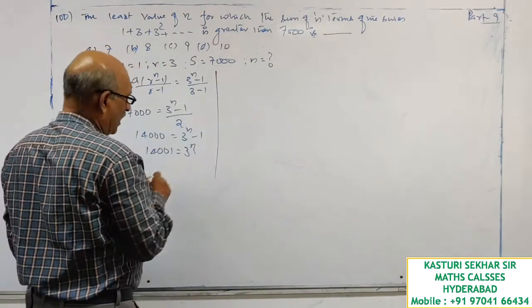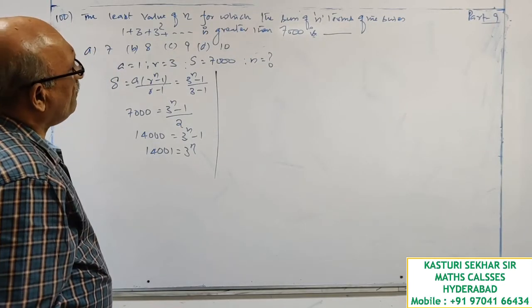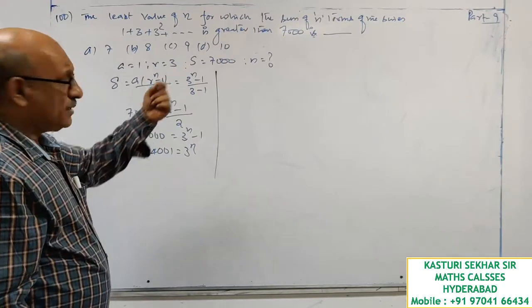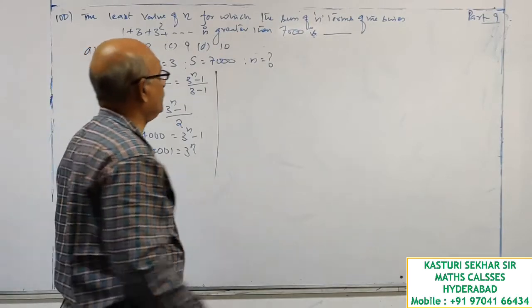Now let us take the help of options. What is required for us? Sum is greater than, so for what value of n is 3 power n greater than 14,001, that I have to check out.